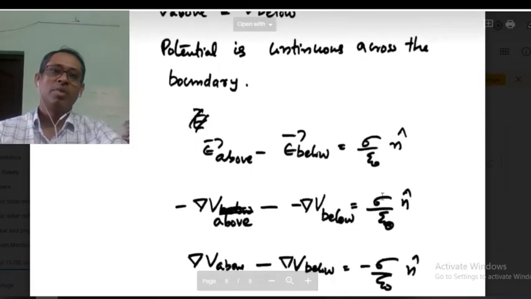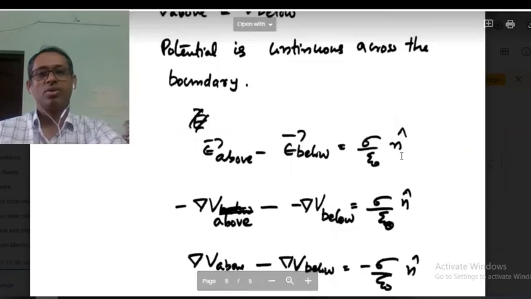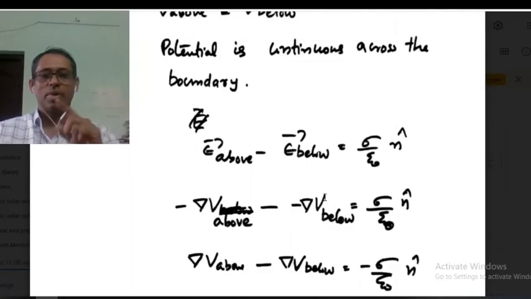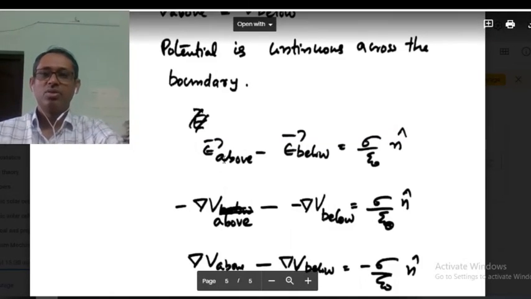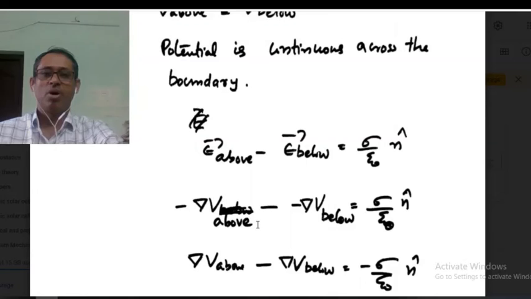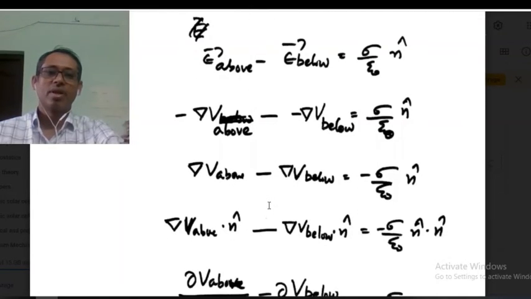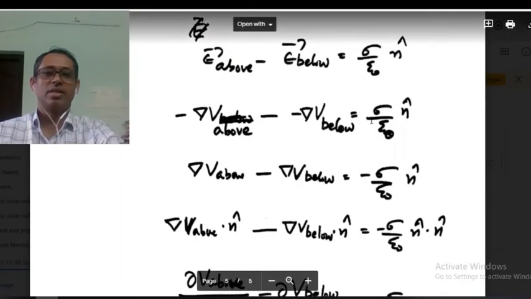Now E above minus E below, that we just saw, is equal to sigma by epsilon 0 n. And we know there is a relation connecting electric field and potential: E equals minus del V. The electric field is the negative gradient of the potential. So we write minus del V above and minus del V below, and take the negative sign to the right hand side.